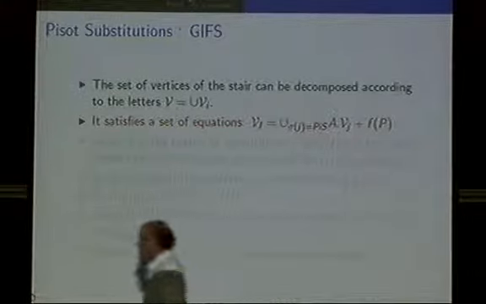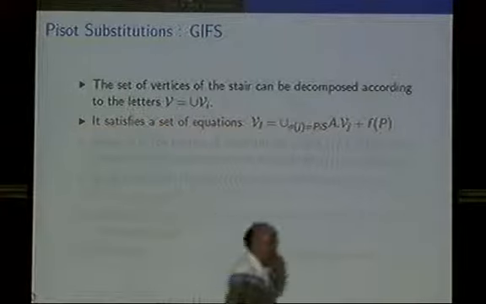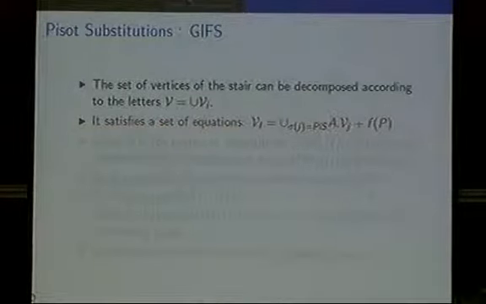That is, when I consider this stair, I can decompose it in sigma of 1, sigma of 2, sigma of 3, and so on. And each vertex sits inside one of these with some vector, which is just the abelianized vector of the prefix. So this is the basic equation for a substitutive stair.